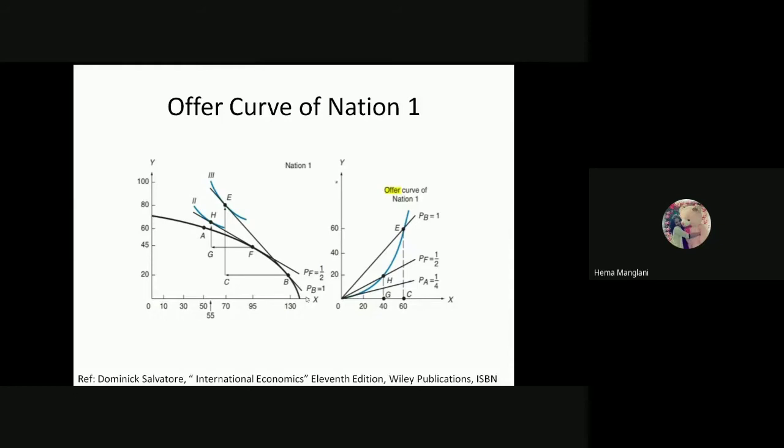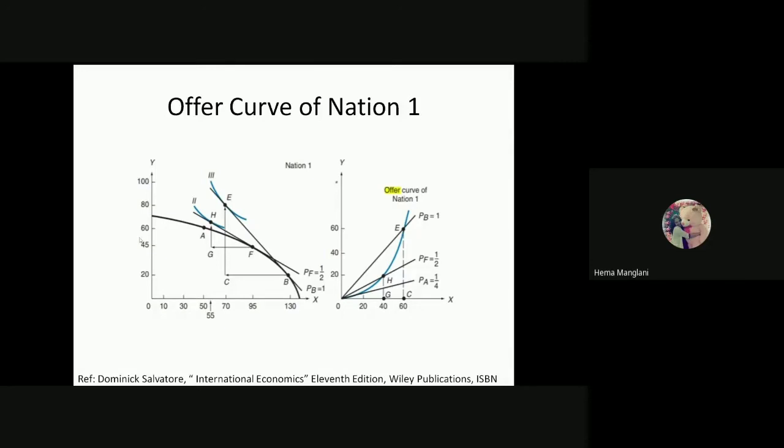As we discussed in the last class, there are broadly three types of opportunity cost or production possibility curves. The first follows increasing opportunity cost, which is concave in shape. The second is decreasing opportunity cost, which follows a convex shape. And the third is constant opportunity cost, which means a straight-line production possibility curve.